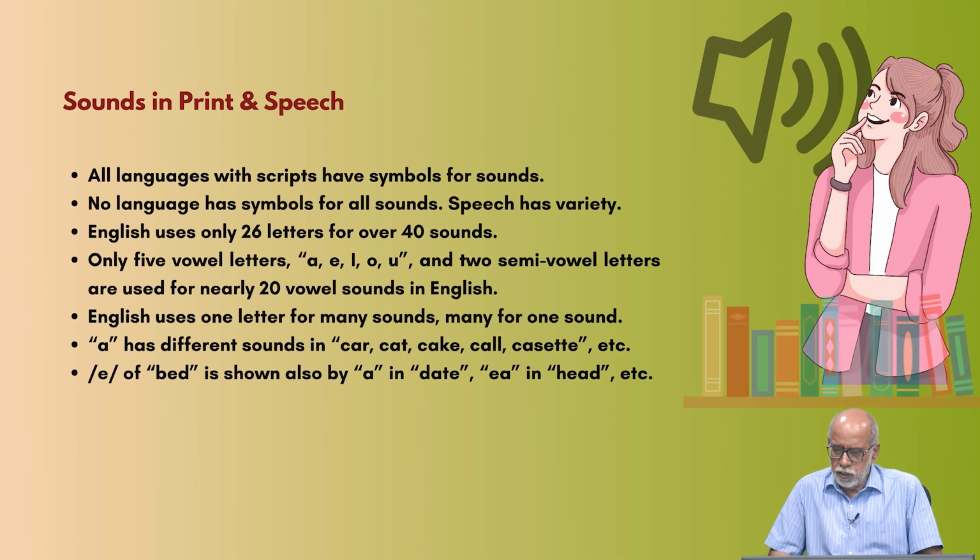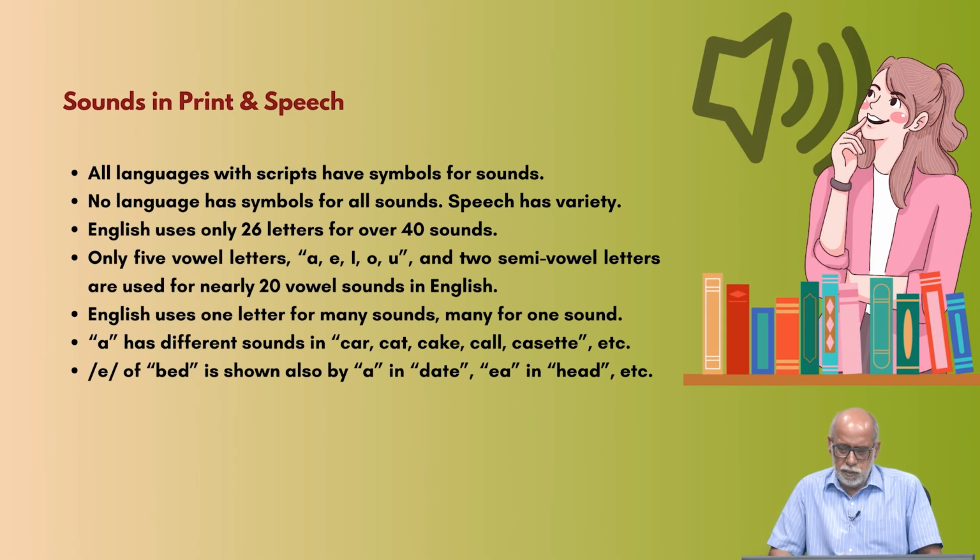In all languages of the world, particularly those that have also a printed form, that have a designed script for them, for whom their speakers designed a script, adopted a script and started writing those scripts, have symbols that can represent sounds of their language.